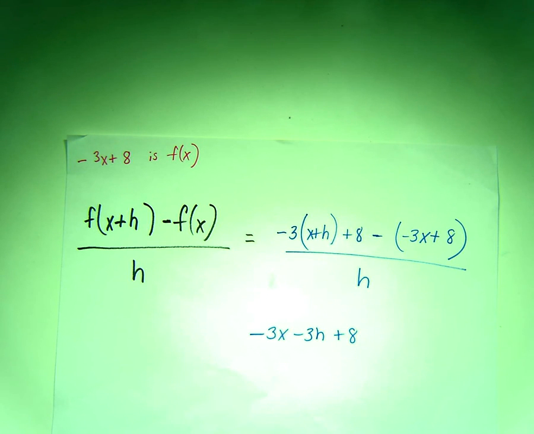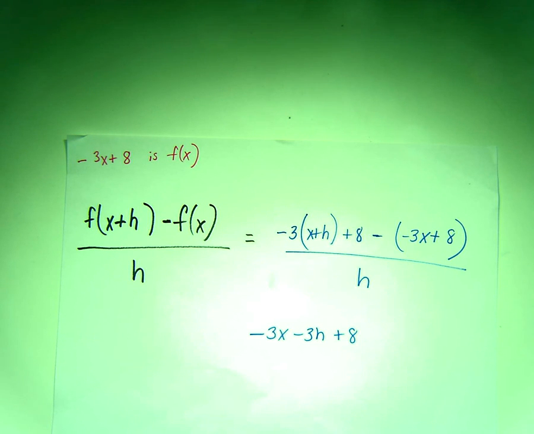But right here, not only are we substituting the equation, we're substituting for x. So x right here is going to be x plus h. So wherever we saw an x in the original equation, put x plus h. And then don't forget the 8 because it was part of the original equation. And then we're just using f of x. F of x is the original equation by itself. So you got a lot of substitution going on.